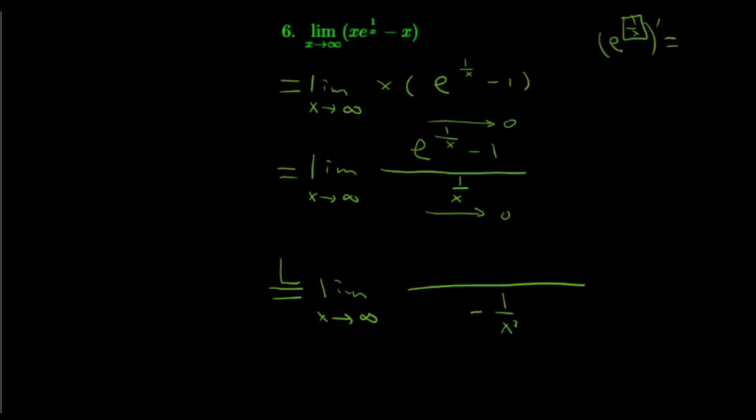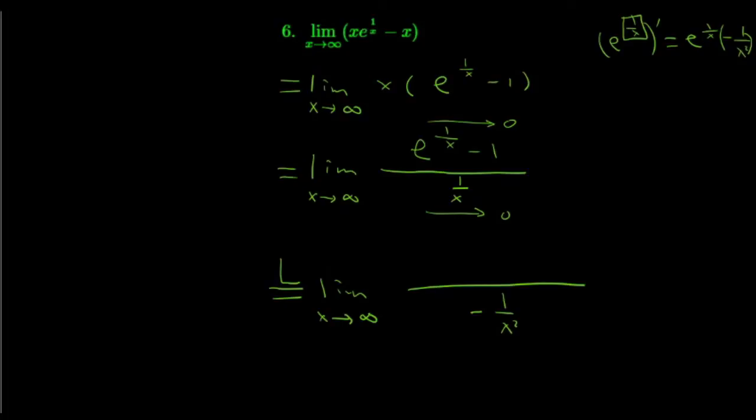E to the power of u is e to the power of u, e to the power of 1 over x, followed by the derivative of u, because we are using chain rule, right? The derivative of u is negative 1 over x squared. I'm 100% sure this derivative is one of the questions we did in Math 101. In most cases, that's my first question to ask you to do in Math 102, but I forgot to ask you to do that this time.